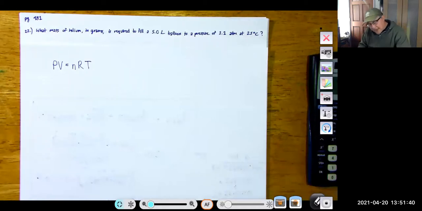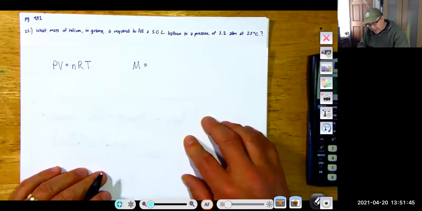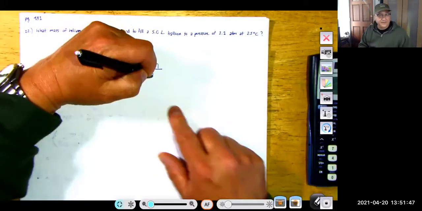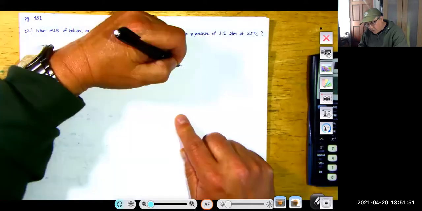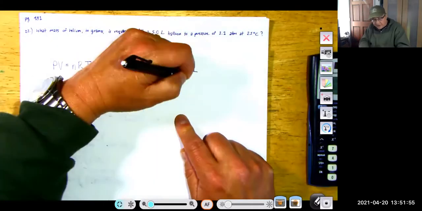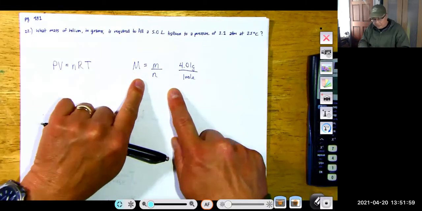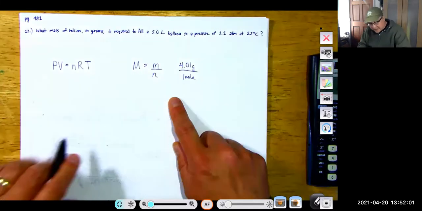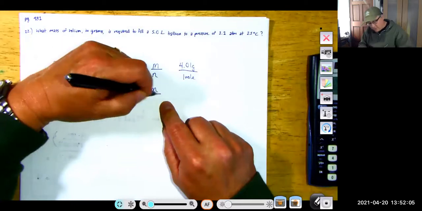Now, molar mass is the mass of something divided by the moles of something. So if you had 4.01 grams of helium, you would have 1 mole of helium. So that's the molar mass of helium. Are you with me? Okay. Another way to say this, though, is that n is equal to the mass of something divided by the molar mass, right?